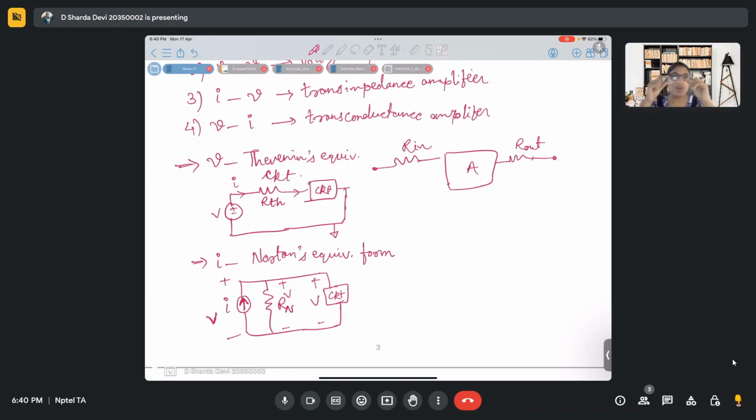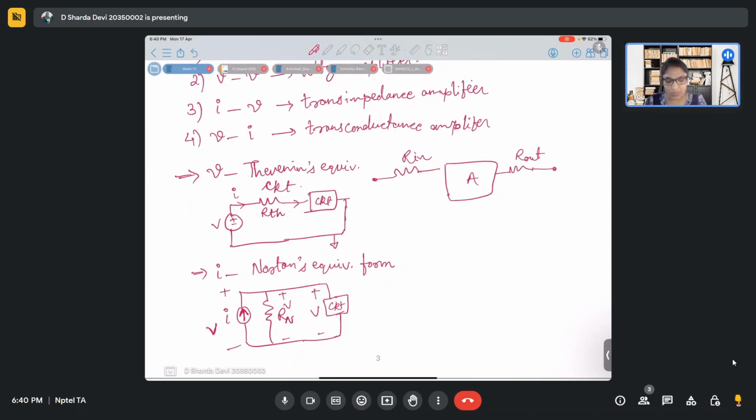When we look into the voltage equivalent form, the current is always constant because all the components are connected in series. It is the voltage drop that is changing across each circuit component. That's how these two equivalents are designed. Did you understand what I'm trying to say? Yeah. So that is the basic idea: for voltage we'll always use the Thevenin equivalent form, and for current we'll always use the Norton equivalent form.